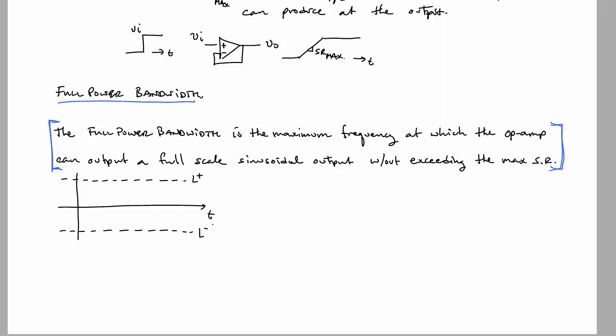Now, it turns out that real op-amps will have a maximum output voltage, L plus, that will be less than or equal to the power supply voltage. And here I'm deliberately going to show that it is less than the power supply voltage, VCC, and here we'll say VEE for the negative supply.